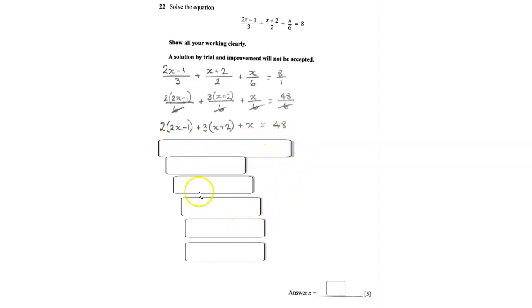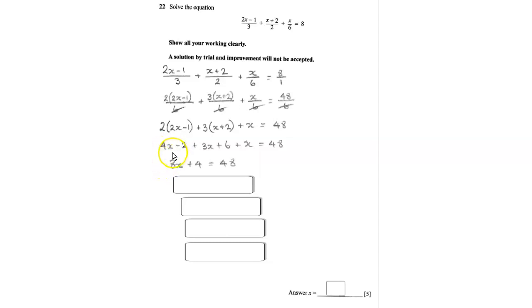The next step is you would expand your brackets or multiply out your brackets. So you can see 2 times 2x is 4x, 2 times 1 is 2, 3 times x is 3x, 3 times 2 is 6, plus x stays where it is and equals 48. Next is we tidy it up by simplifying it.